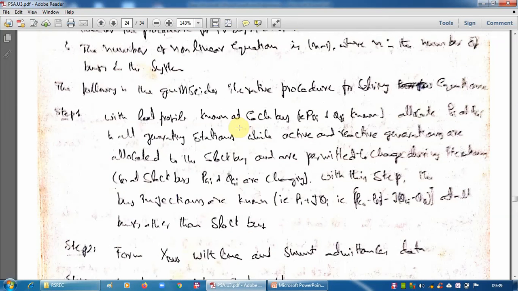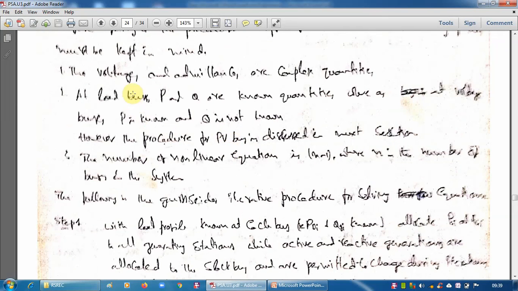Those steps involve first determination of Y bus quantities or Y bus elements if the line data is given.